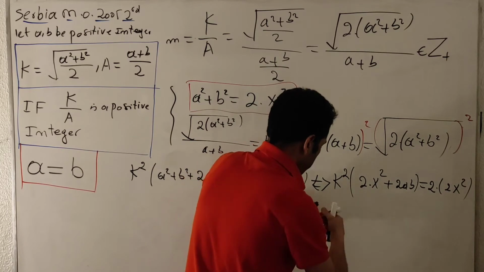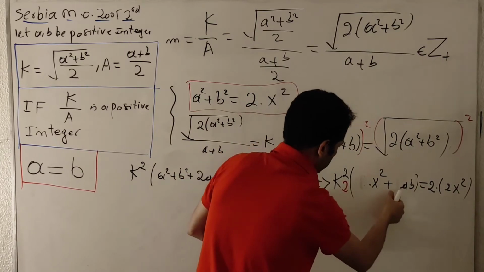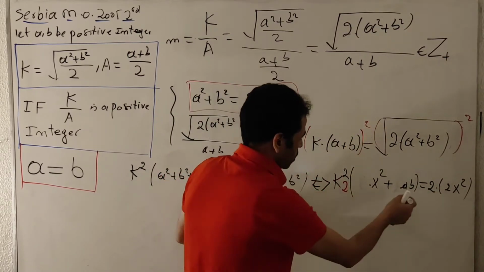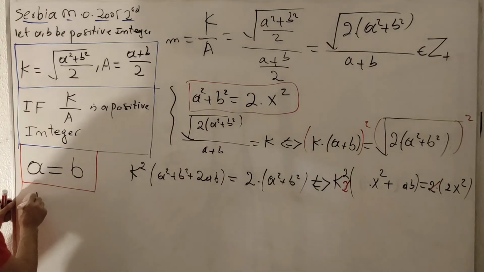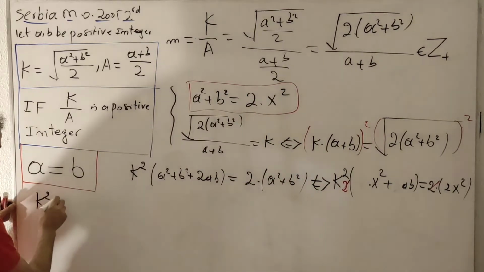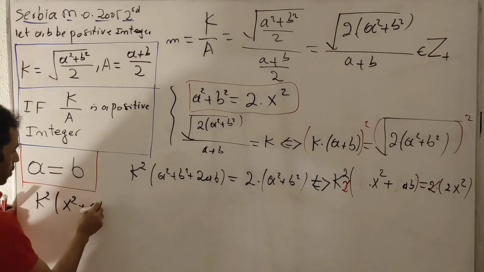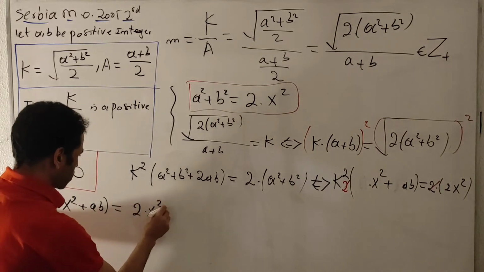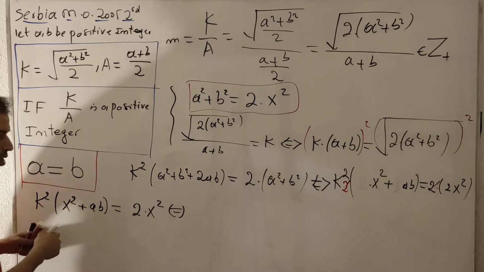Okay, then I'm going to simplify this expression. By taking number 2 outside as a common factor, this 2 will be cancelled out with this 2. We'll get k square multiplied by (x square plus ab) equals 2 times x square. I'm moving k square x square to the right hand side of this equation.